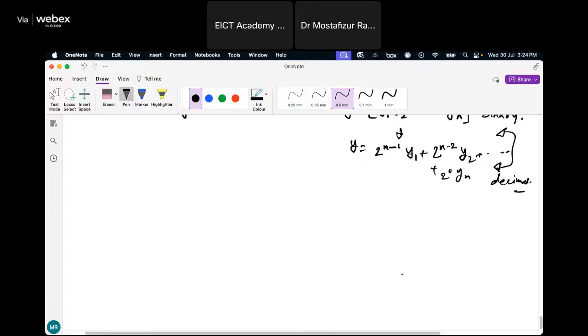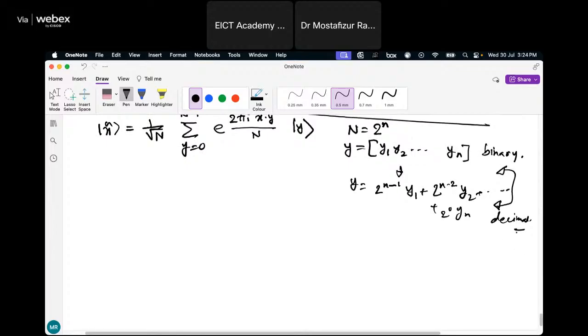Yeah, thanks. So now let's represent y with this decimal representation, which we can combine and write in this fashion: y is summation of k equals 1 to n of yk times 2 to the power n minus k, right?